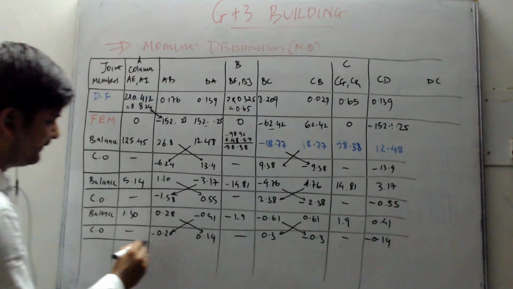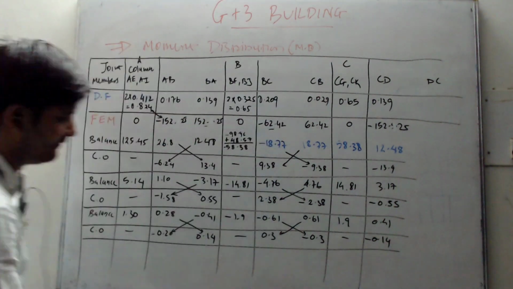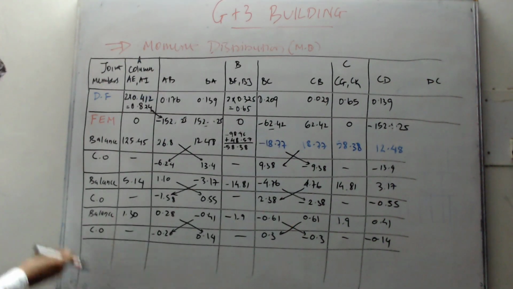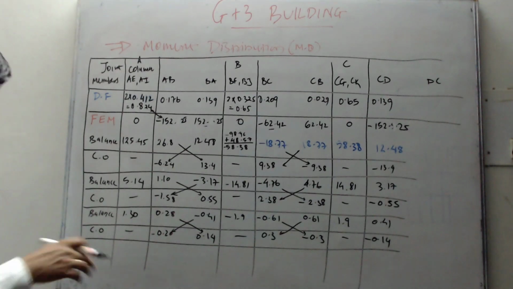Do it for one more thing. I am trying to get these values nearer to 0, right? Sorry, not carryover, I am trying to get my balance values nearer to 0, right? So again balance.